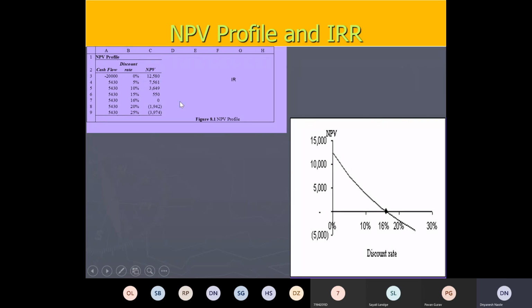Obviously you are not going to select projects which give you negative NPV, that is a loss. So all the discount rates which are lower than the IRR, those projects will be accepted. That is a simple acceptance rule here.